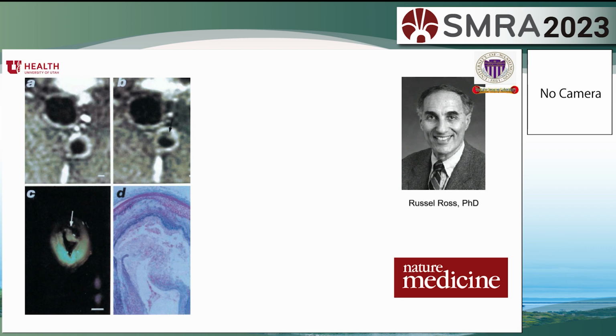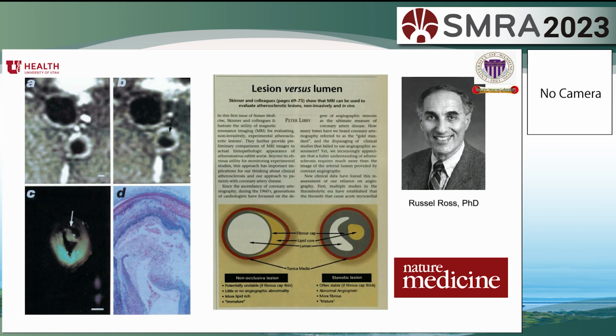And it's strongly correlated with histology. This work was published in the first issue of Nature Medicine. It was recognized as a landmark work because now people can start visualizing atherosclerosis and its composition with imaging. And before this, it was considered not possible.